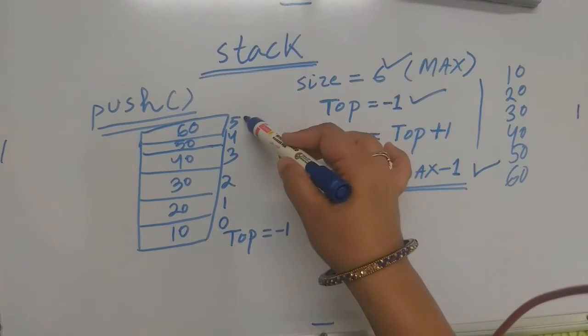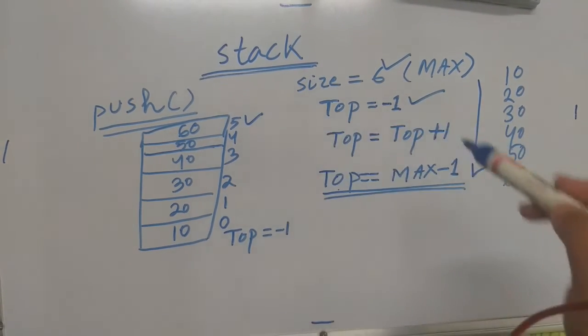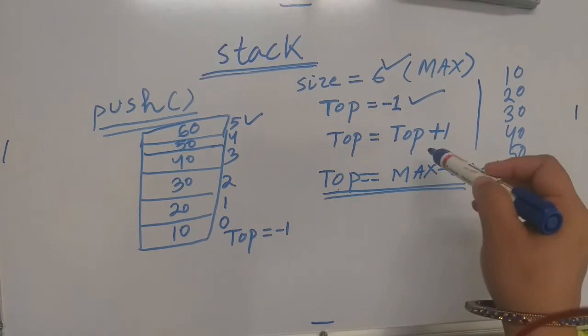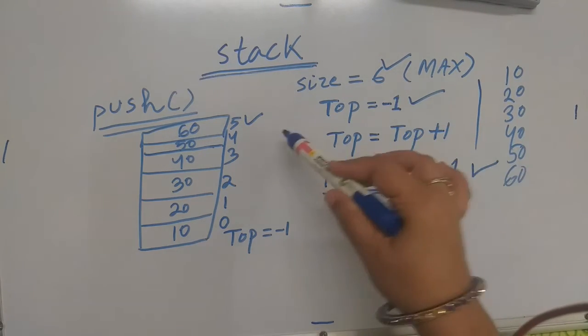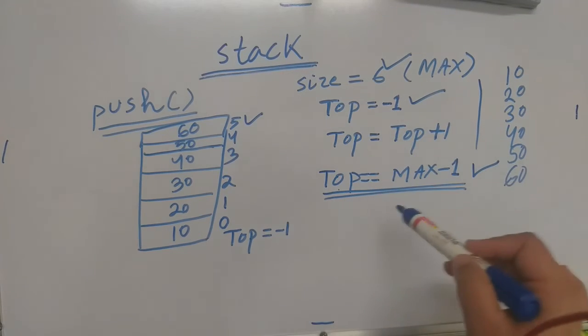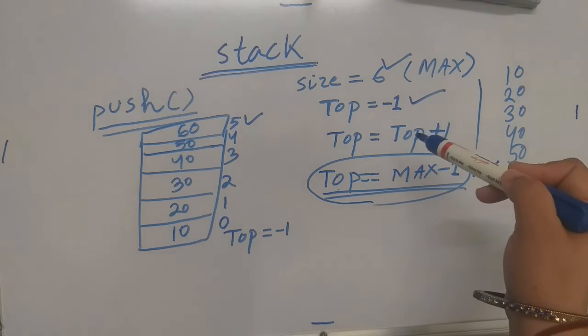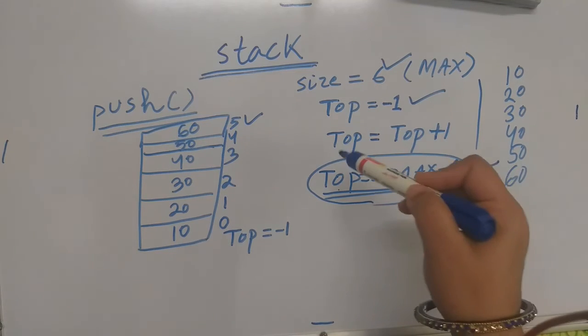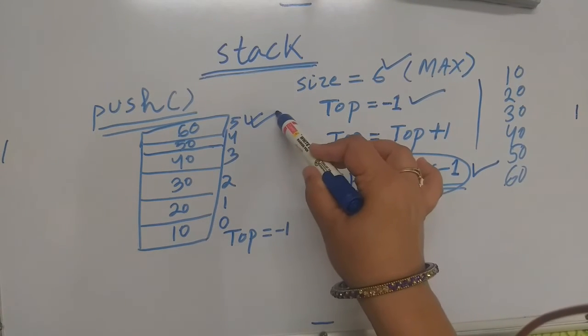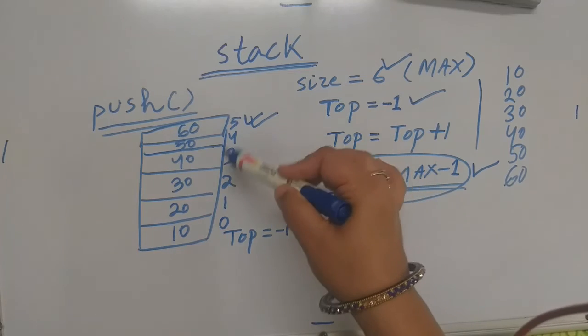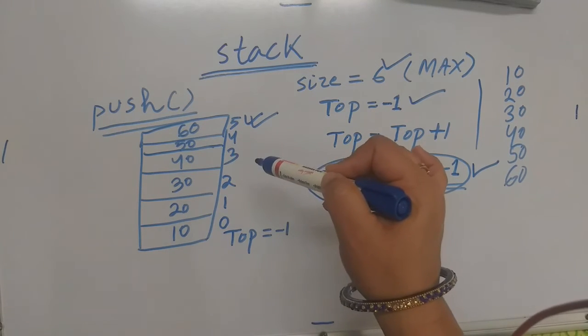So after that, it has achieved the max minus 1 position. Maximum is 6 and max minus 1 is equal to 5. So now the top value is equal to max minus 1. That means now we get the overflow condition. After that the insertion is not possible.